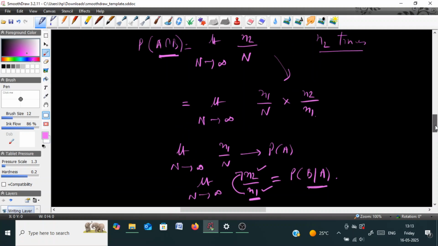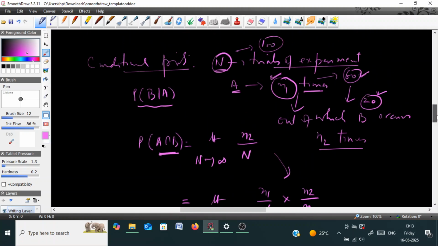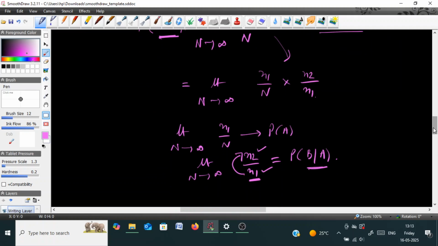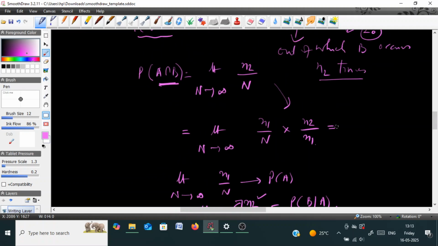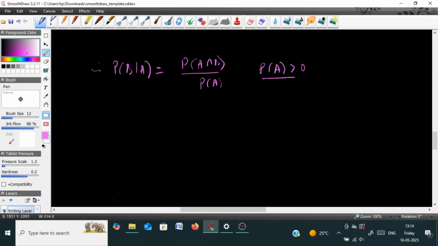Accordingly, I can write this equation as: probability of A intersection B can be written as probability of A multiplied with probability of B given A. From this you can find the probability of B given A. Therefore, probability of B given A is nothing but probability of A intersection B divided by probability of A, with the condition that probability of A is of course greater than 0, otherwise it cannot be defined.